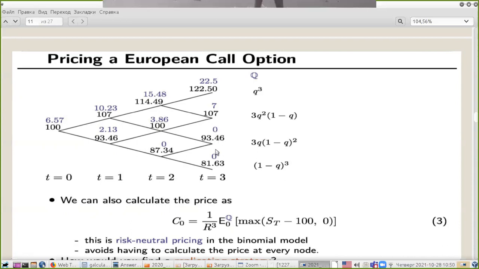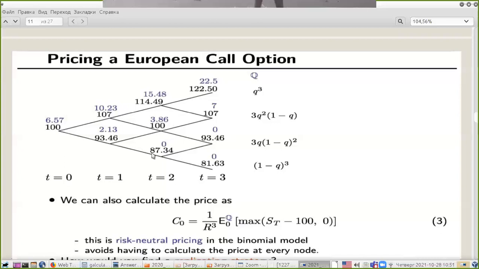After that, we would like to get the option price in this node, and for this we consider this one period model and define the option price as the discounted mathematical expectation of this payoff function, 22.5 and 7, with respect to the risk neutral measure.